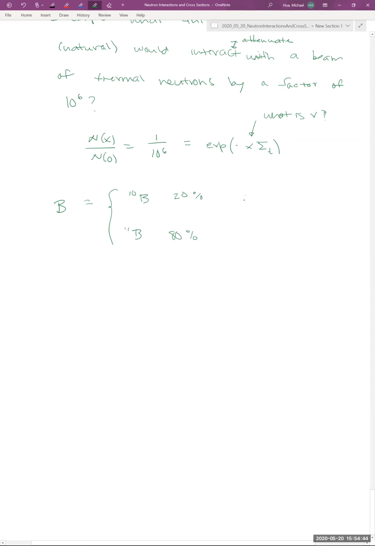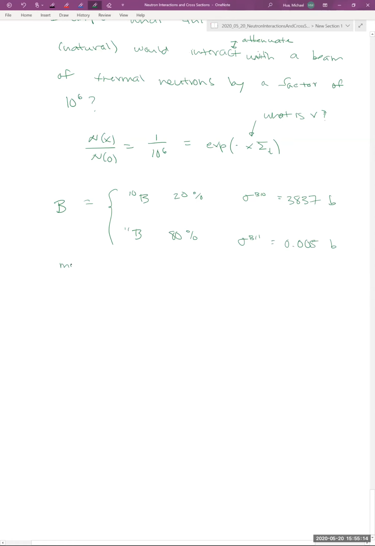And the total microscopic cross-section for boron 10 is, I'll actually write this as a superscript, 3,837 barns, and the total microscopic cross-section for boron 11 is 0.005 barns.